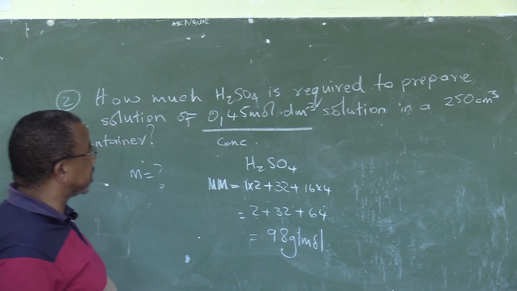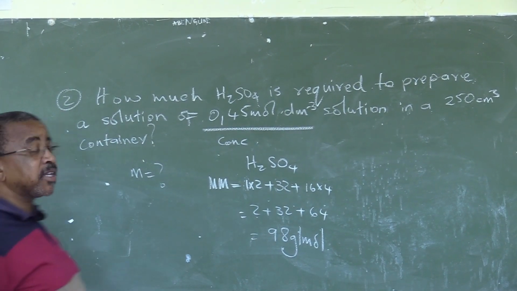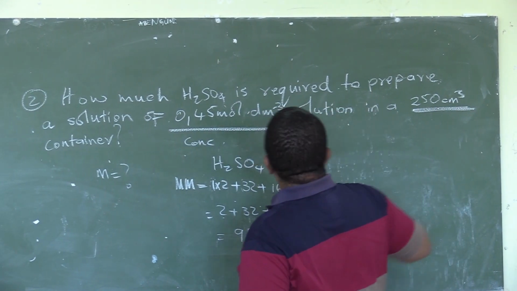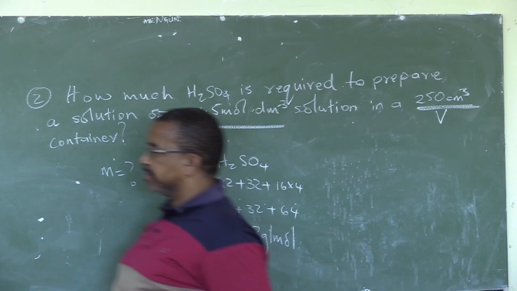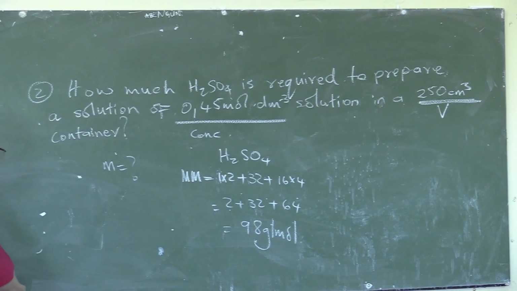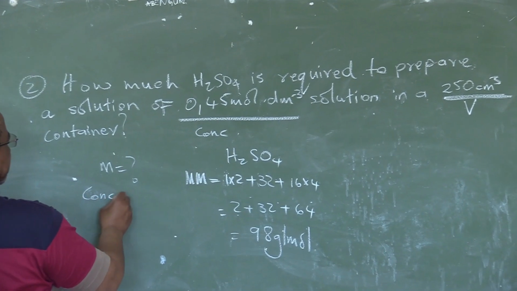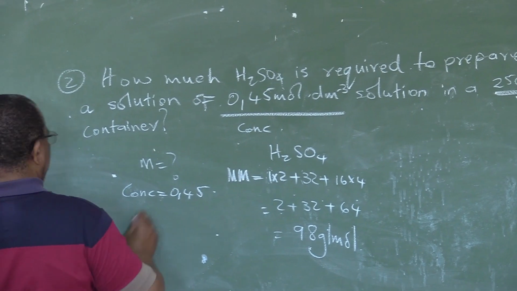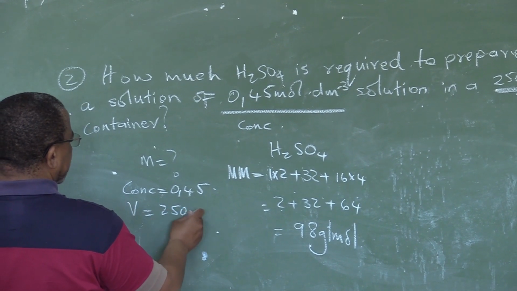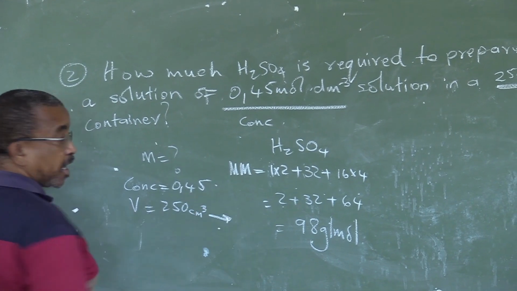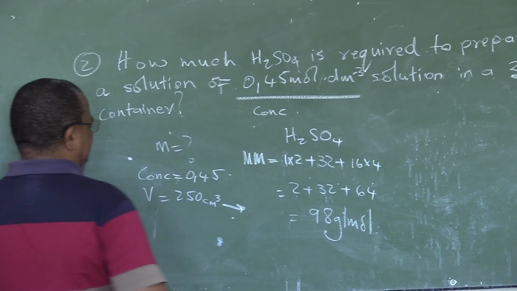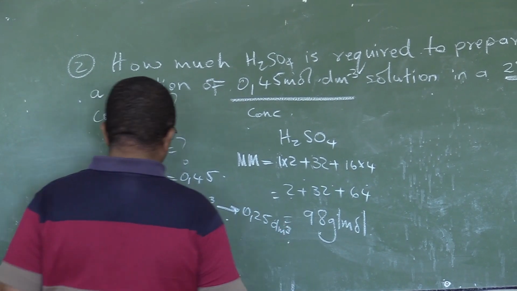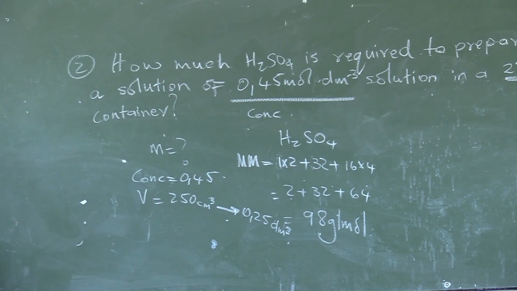We are also given the volume, 250 cubic centimeter. Cubic centimeter to cubic decimeter, we divide by 1,000, and we get 0.25 decimeter cubed. So we want the mass.